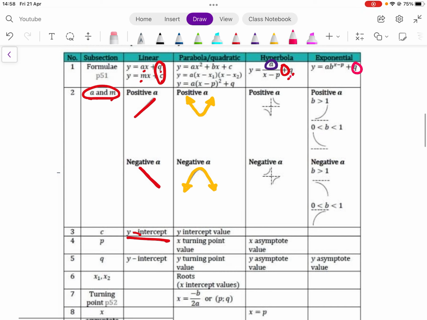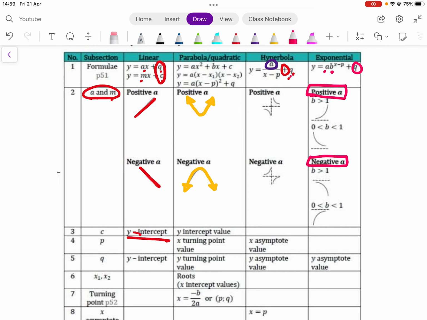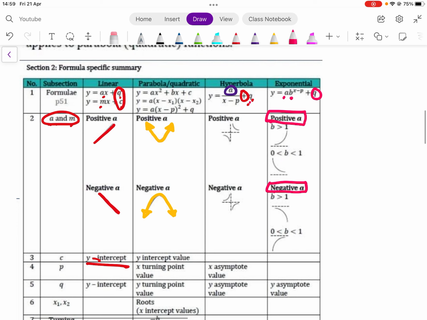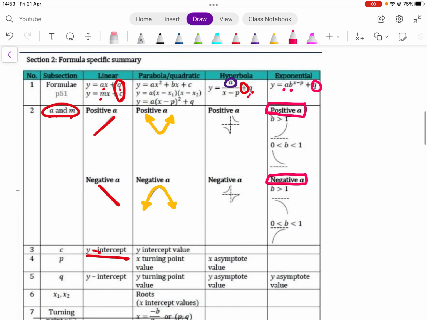So to determine the shapes, we use only A and B. When A is positive, the graph is always going to be above the horizontal asymptote. When A is negative, the graph is always going to be below the horizontal asymptote. How I usually try to remember these four shapes for exponentials is to treat B as our M. Because if you have been doing this mathematics for quite some time, surely you already know that when M is positive, meaning it's greater than 0, the graph is going to look like this.